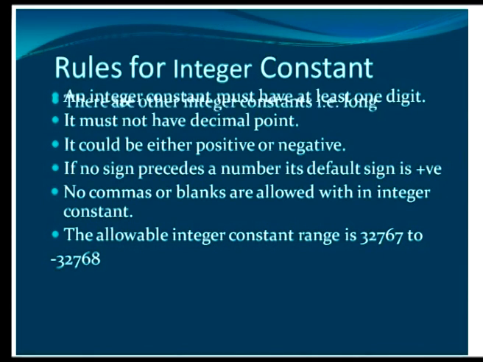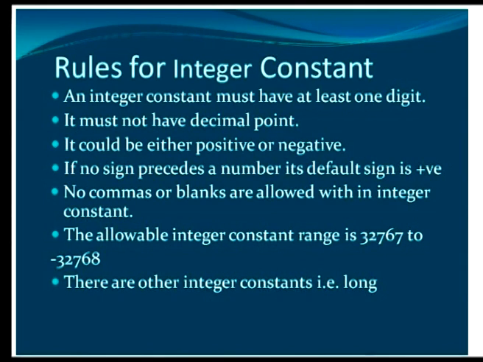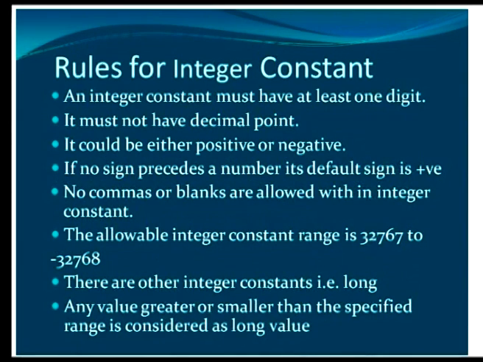There are some other integer constants. The values that exceed the specified range are considered long integer values. Any value greater or smaller than the specified range is considered a long value.